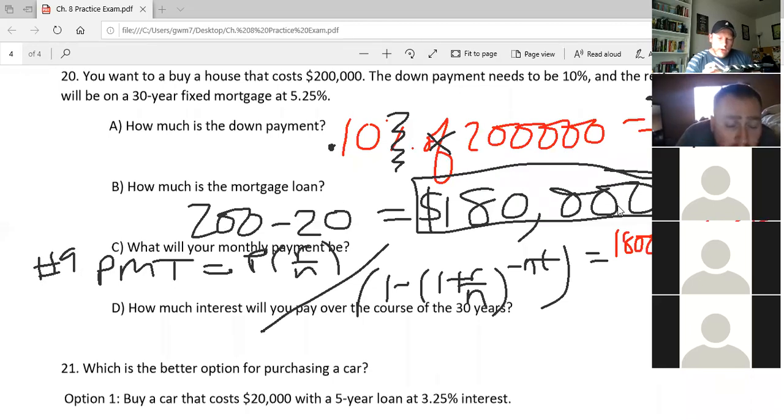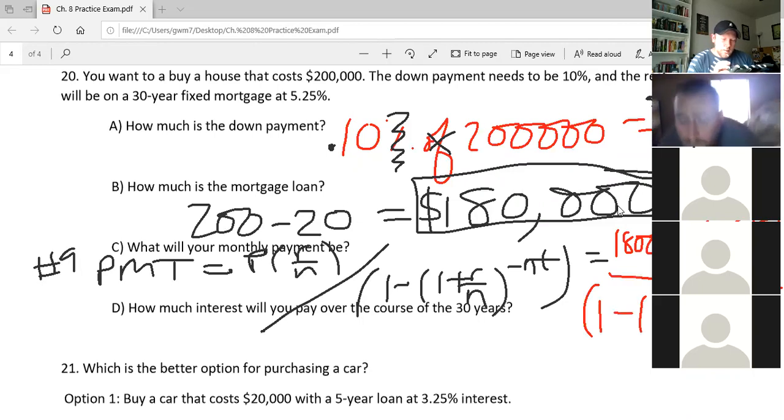We're making monthly payments for our mortgage, so 12. 1 minus, parentheses 1 plus that R over N, all raised to the negative 12 times the T for this mortgage, which is 30 years.